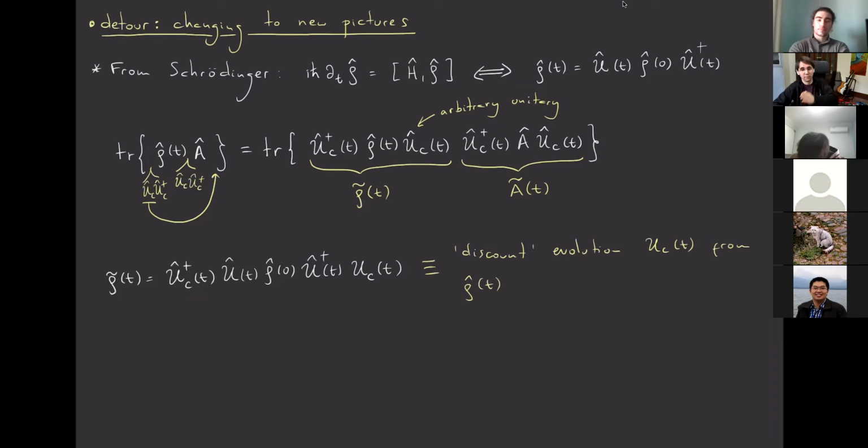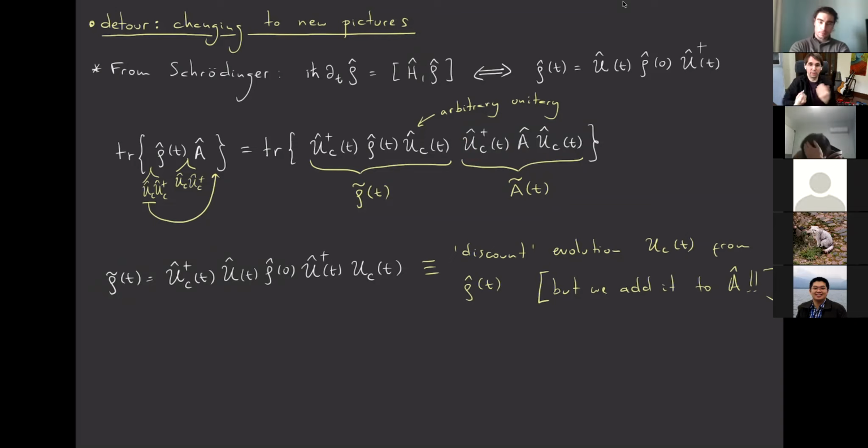But of course, if we remove it from the state, we add it to the operator. And this is also very simple to see because now the operator is no longer a time-independent operator, but a time-dependent operator that depends on this unitary that we are discounting from the state.